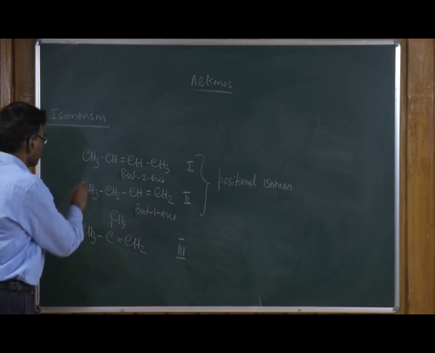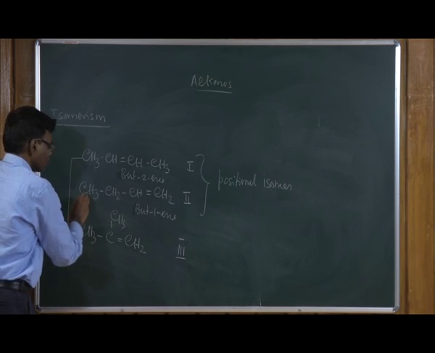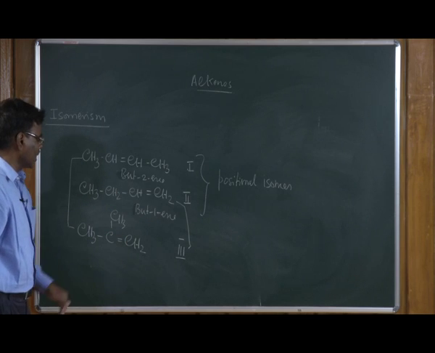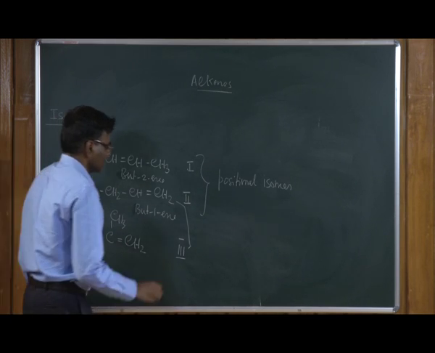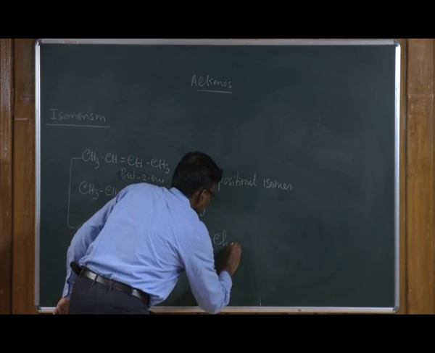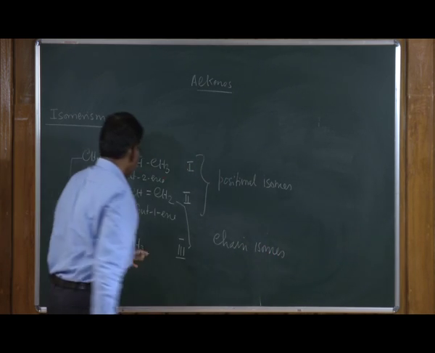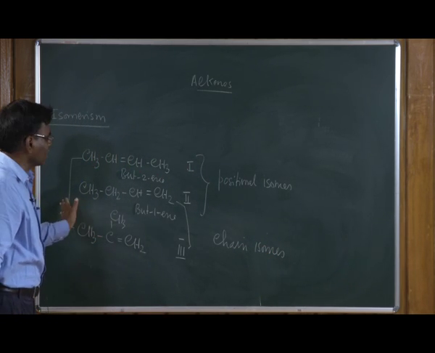And the relation between these two, 1 and 3, 2 and 3, they are called chain isomers. They differ in the chain, one has a branch, another one is linear.